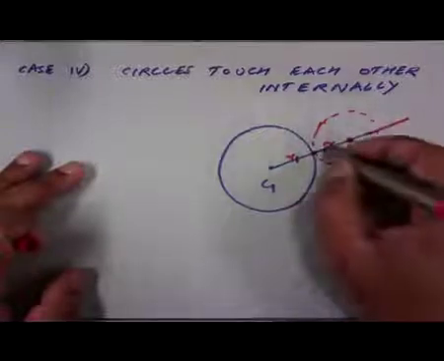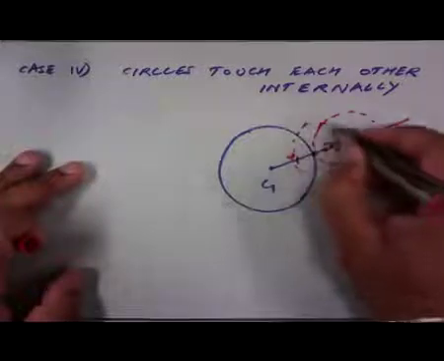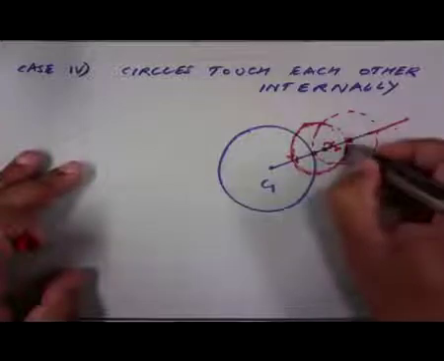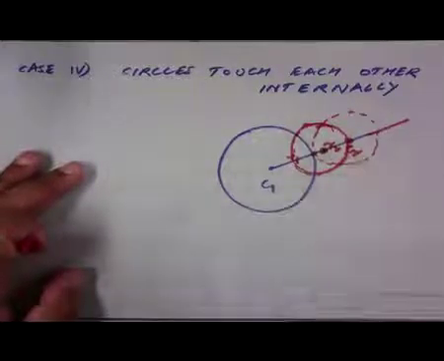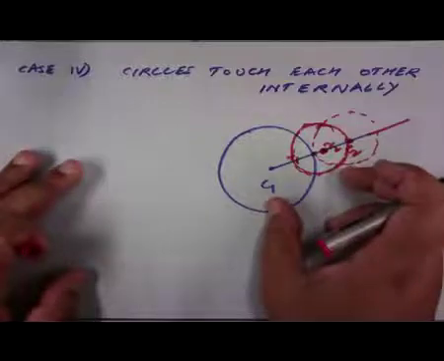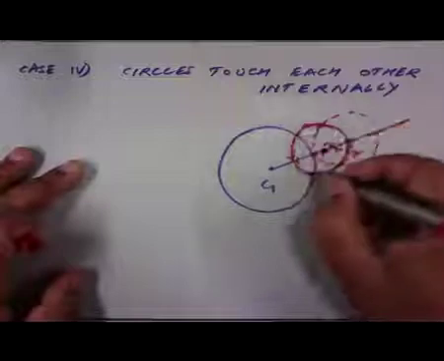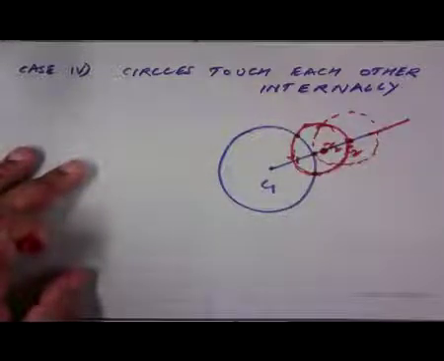So, the center came to this point and the smaller circle was something like this. So, this is case 3. In this case, we have already seen that the two circles intersect at two distinct points.